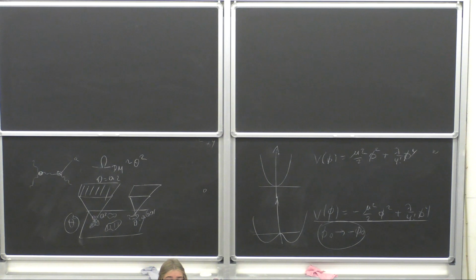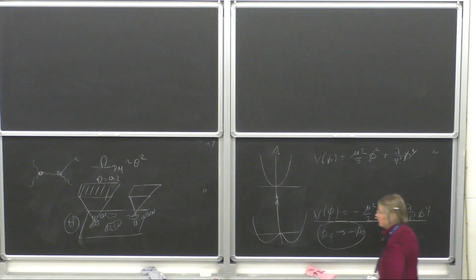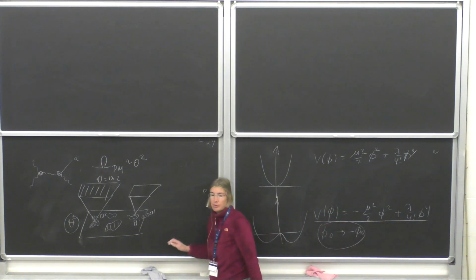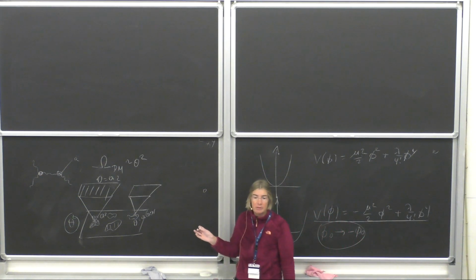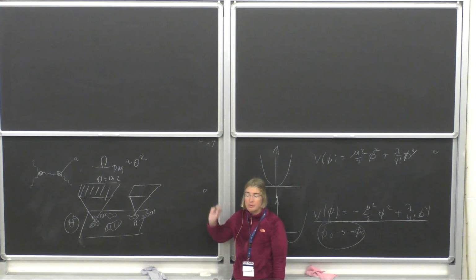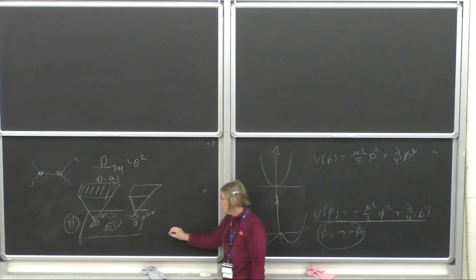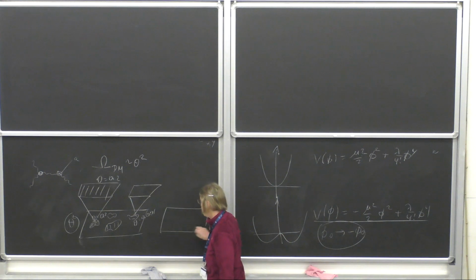So in this case, now your field actually varies. So now we have a scenario where whatever happened during inflation, we don't care. Somehow the field got restored afterwards, so this is actually our scenario right after the inflation.